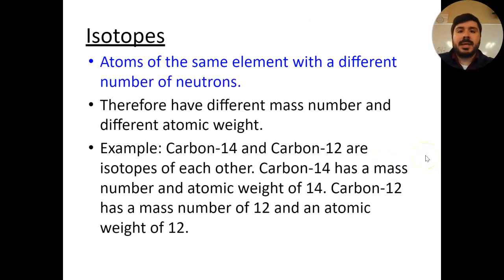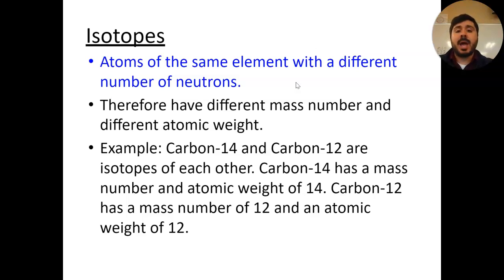Now, getting into some of the nitty-gritty here of isotopes. Isotopes are atoms of the same element, just with a different number of neutrons, and that's truly it, right? We've kind of talked about the 3 different types of subatomic particles, right? We've talked about protons, we've talked about neutrons, we've talked about electrons. Now, when you change the number of protons in an atom, it changes the atom's element, right?